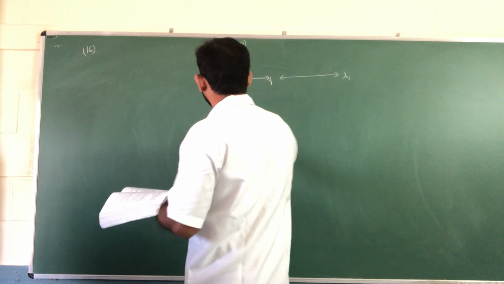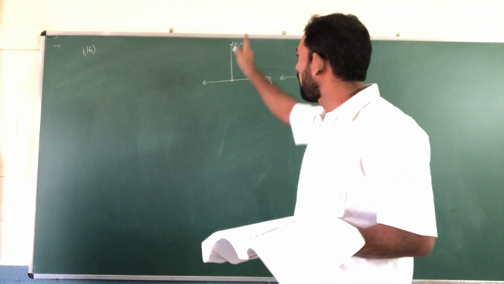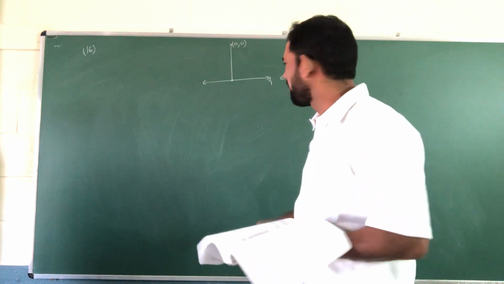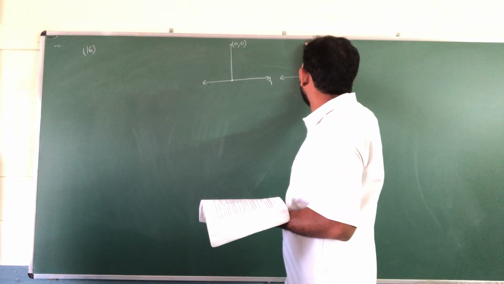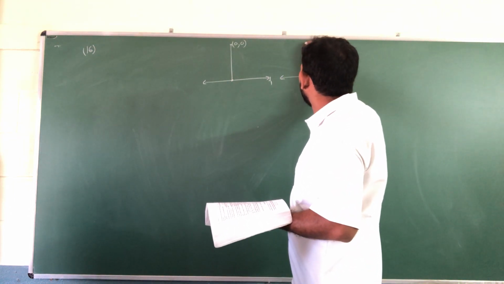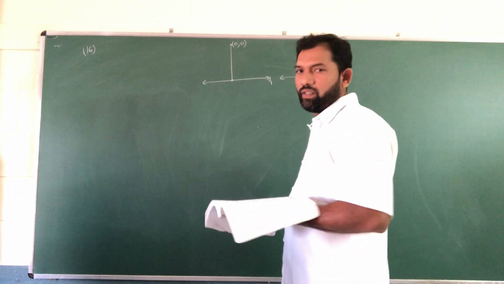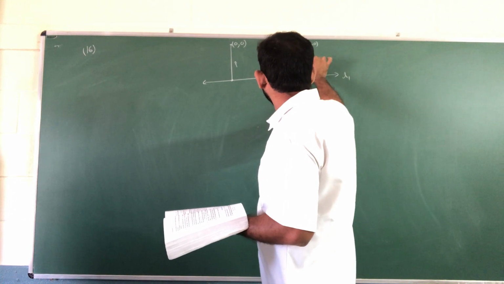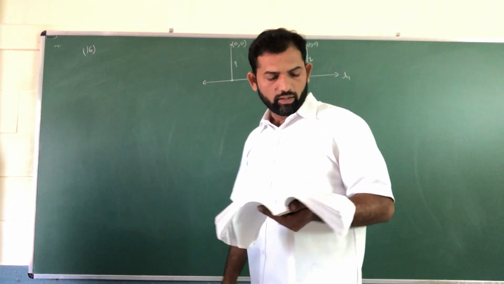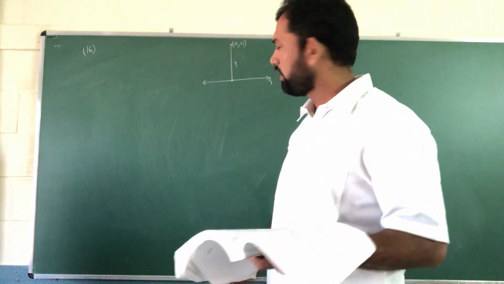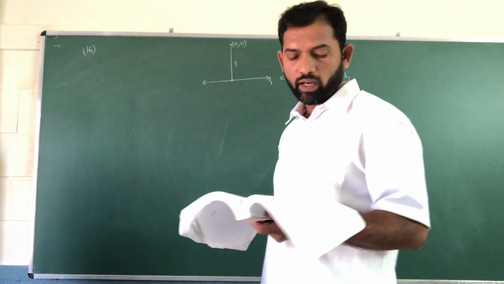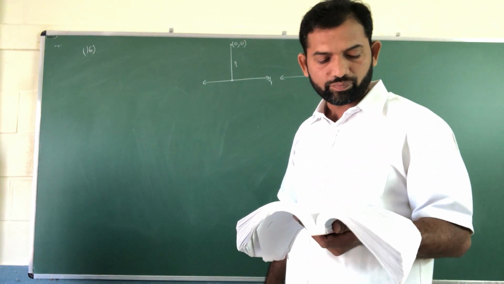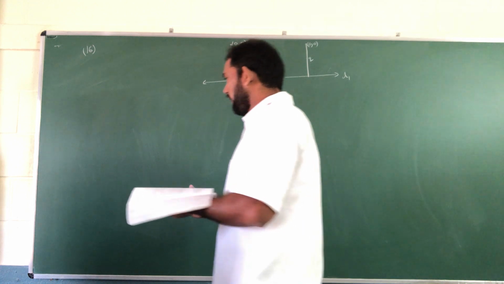I draw a general diagram. From the origin, this distance is P, this distance is Q. So P and Q are the lengths of the perpendiculars from the origin to the lines.